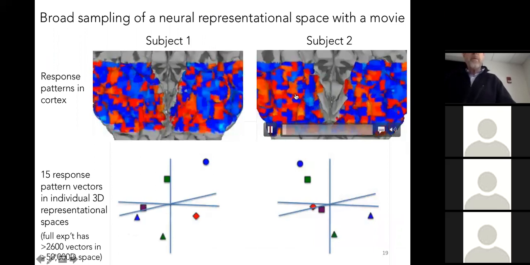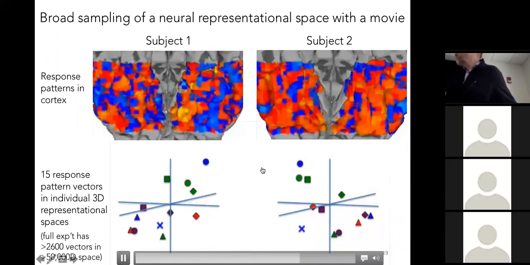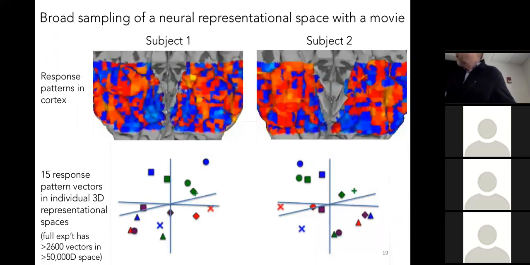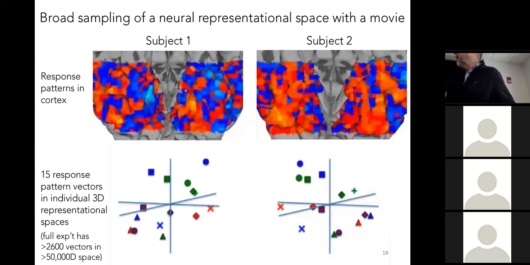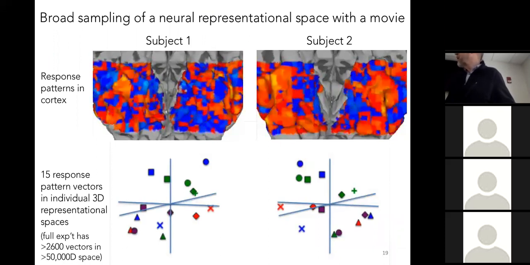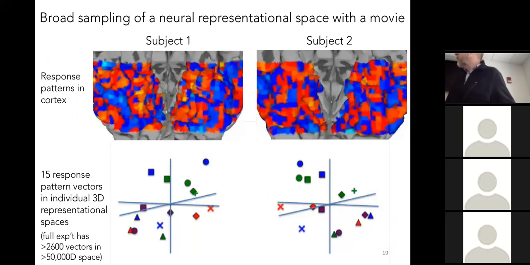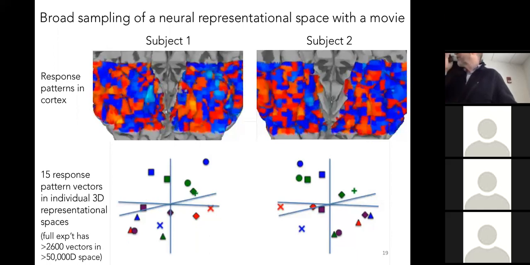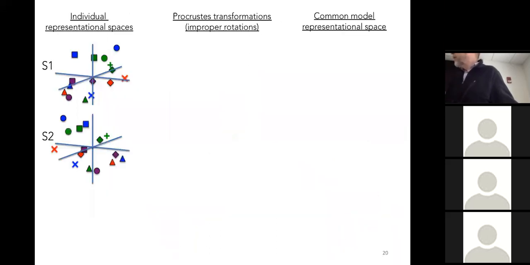As the brain produces a new pattern of activity for each time point, you can think of that as a vector in this subject's idiosyncratic information space. These vectors are color-coded so that the blue circles are the same time point, the green squares are the same time point, and so forth. The challenge is to transform one subject to be in better alignment with the second subject in the representational space.